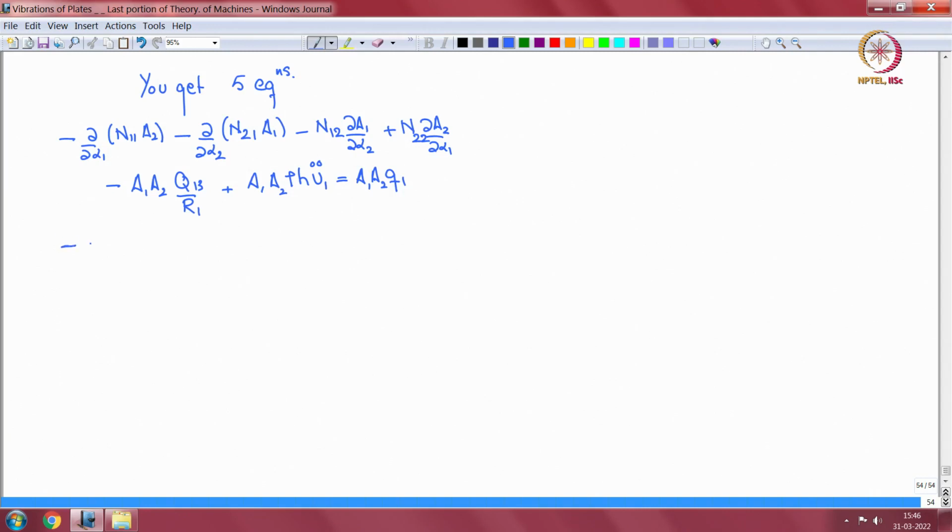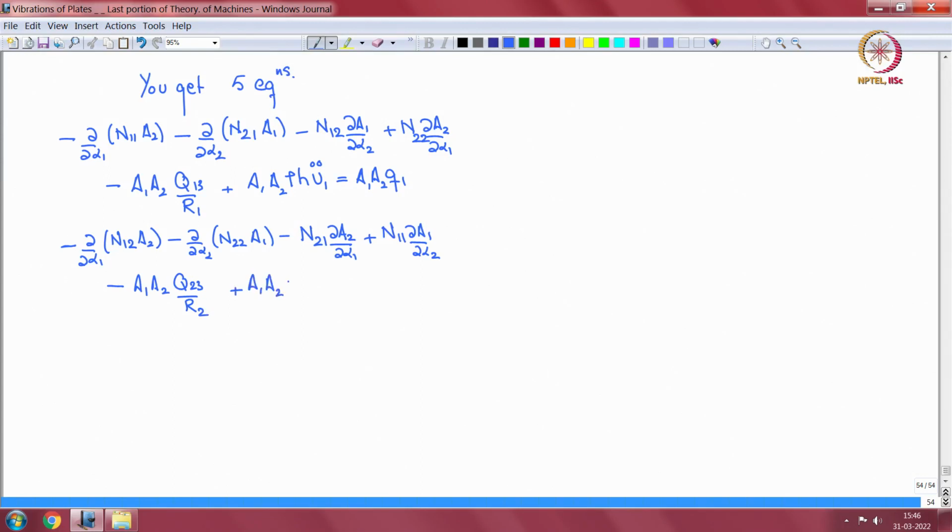So the second equation is minus del alpha 1 n1 2a2 minus del alpha 2 n2 2a1 minus n21 del a2 by del alpha 1 plus n11 del a1 by del alpha 2 minus a1 a2 q23 by r2 plus a1 a2 rho hu2 double dot is equal to a1 a2 q2.